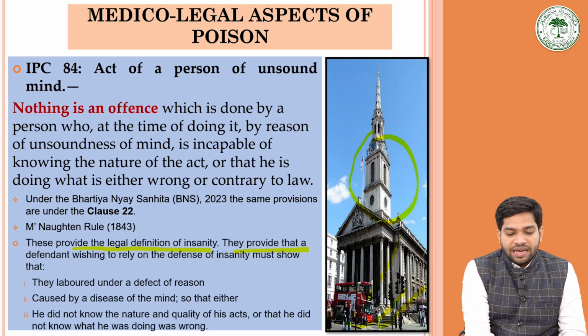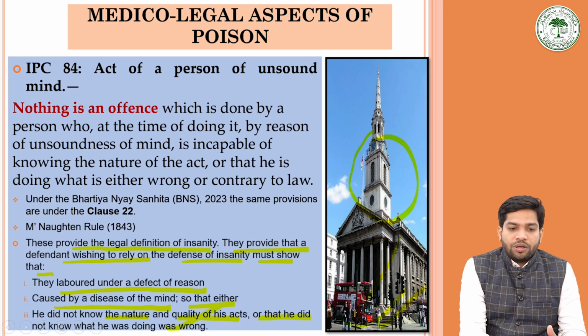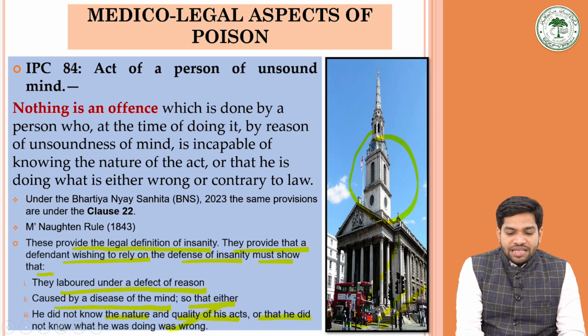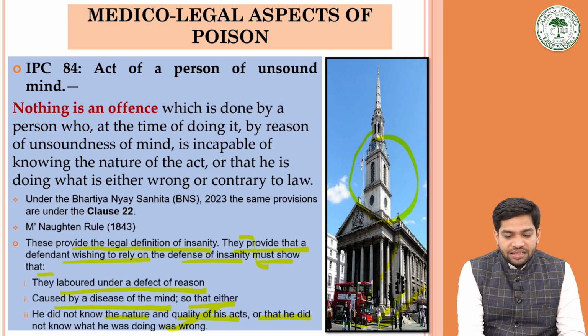They provide that a defendant wishing to rely on the defense of insanity must show that they labored under a defect of reason, caused by disease of the mind, so that either he did not know the nature and quality of his act, or that he did not know that what he was doing was wrong. If such things are there, then they will be assumed as being under insanity.